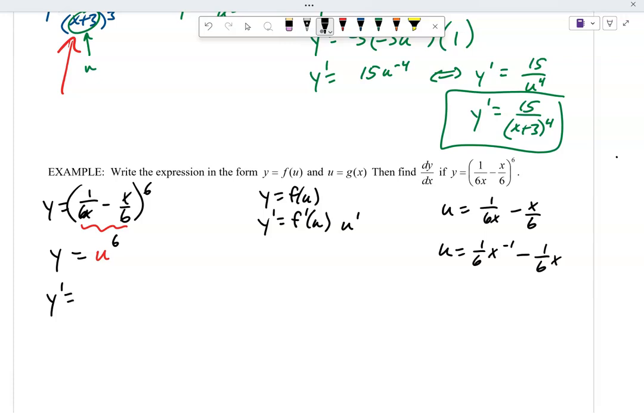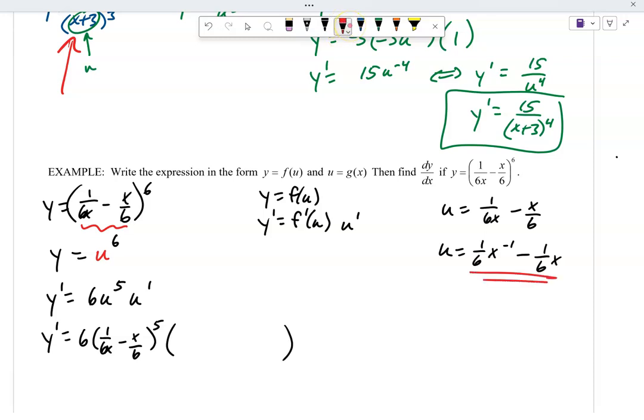So y prime would be 6u to the 5th. But don't forget u prime. So y prime is 6, and we put our u in, and now it's to the 5th, and then u prime. So then I've got to run the derivative of this over here. What's our derivative here?